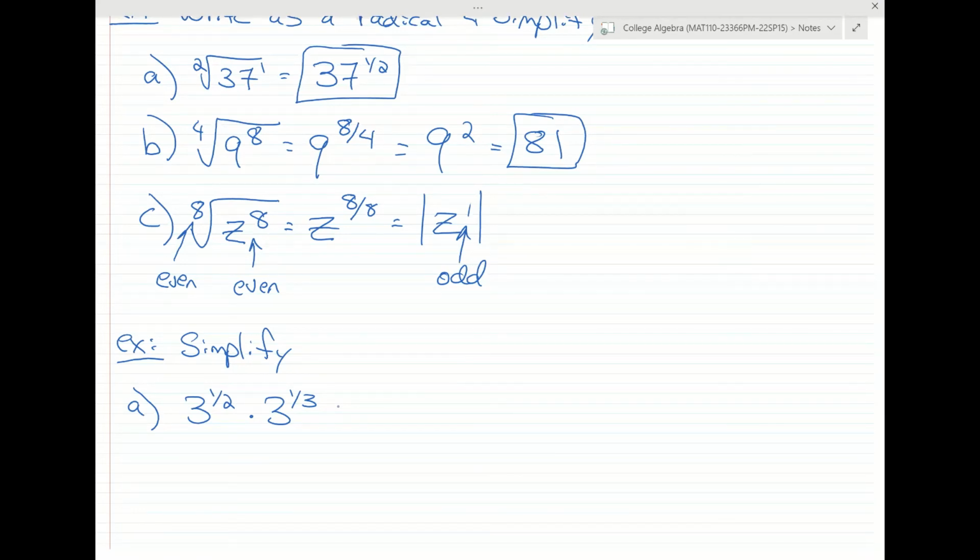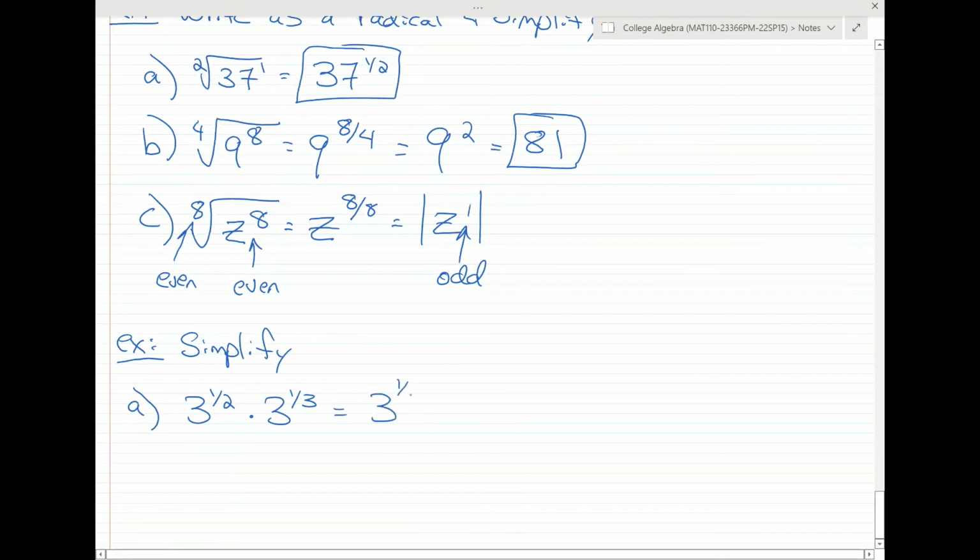The bases are the same, which means we have to add the powers. This would be 3 to the 1/2 plus 1/3. You guys learned growing up in elementary school how to combine those. You could always use a calculator too. 1/2 is the same thing as 3/6 plus 2/6 is just 5/6.